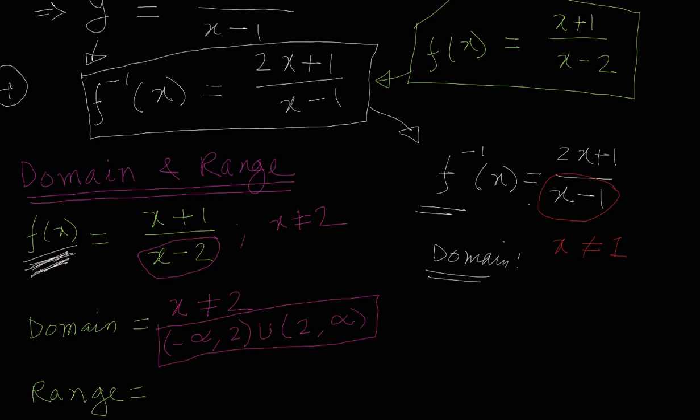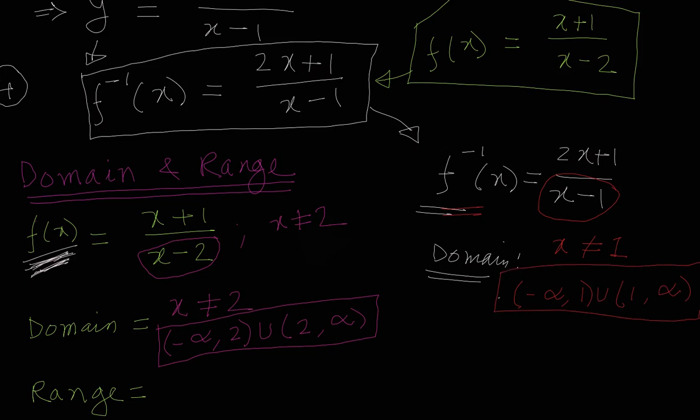Because if x equals 1, the denominator becomes 0 and the expression is not computable. So this is the domain of this inverse function. In proper mathematical form, it is negative infinity to 1 union 1 to positive infinity.